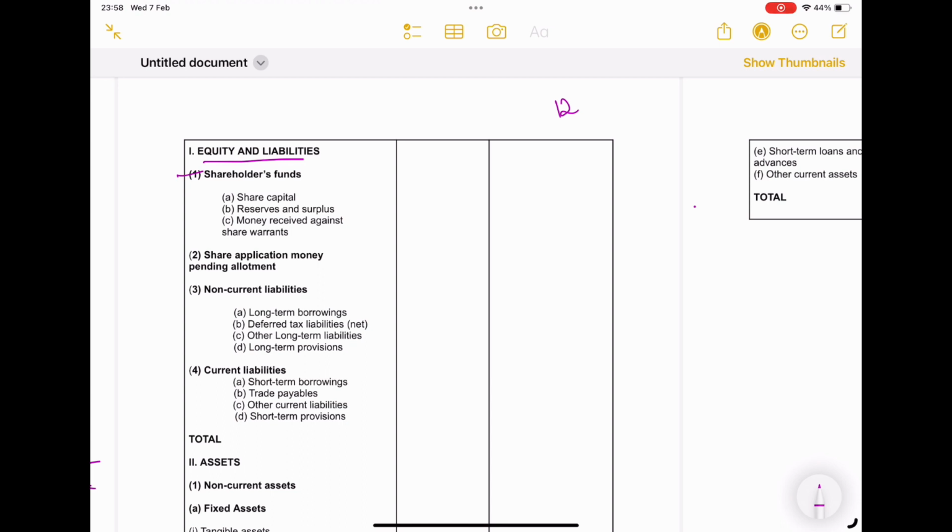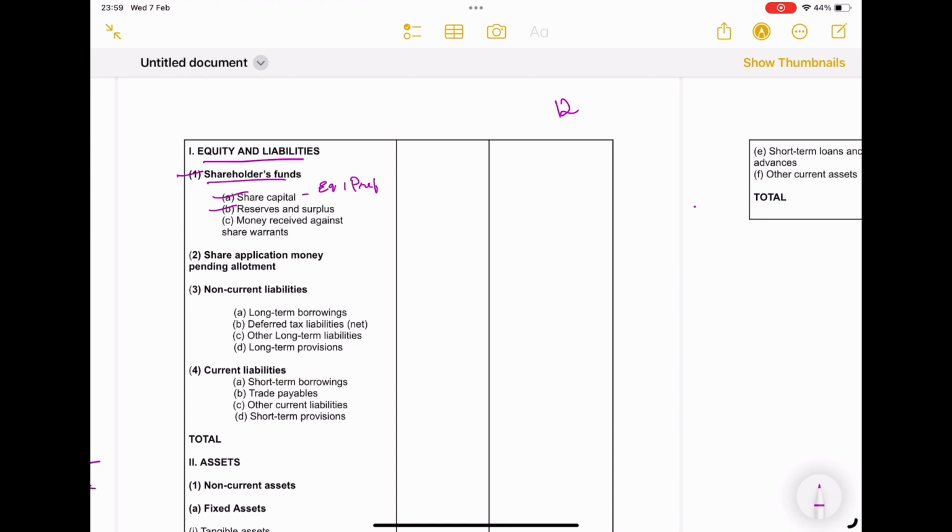In shareholders' fund: share capital, reserves and surplus. Under share capital, we mention equity share capital. In case they have given any preference share, that also we represent. Next, reserves and surplus. Here all reserves like capital reserve, general reserve, capital redemption reserve.